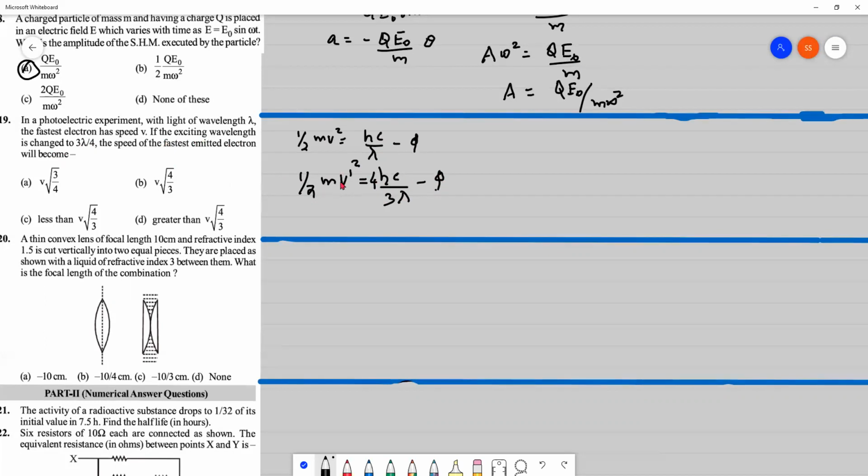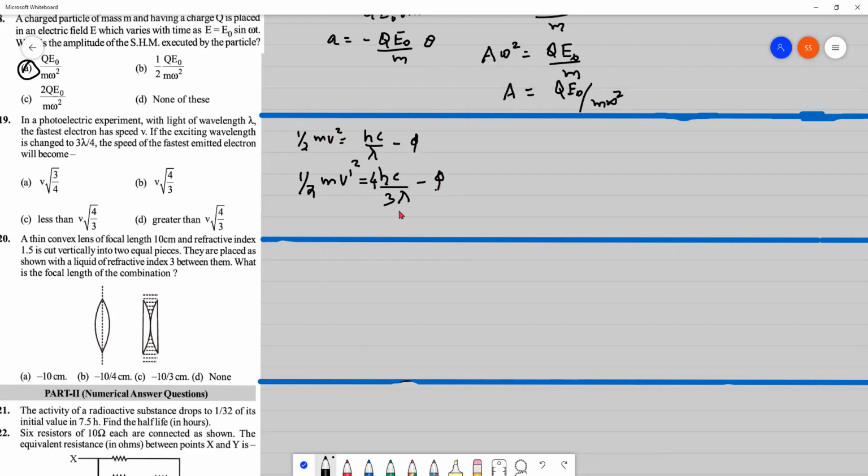So from these two equations, you can't find the value of v dash, but you can easily understand that v dash is going to be greater than v here. You cannot deduce the value of v dash without phi. With phi only you will be able to deduce the v dash value, because even if you substitute hc by lambda, you will get phi here.